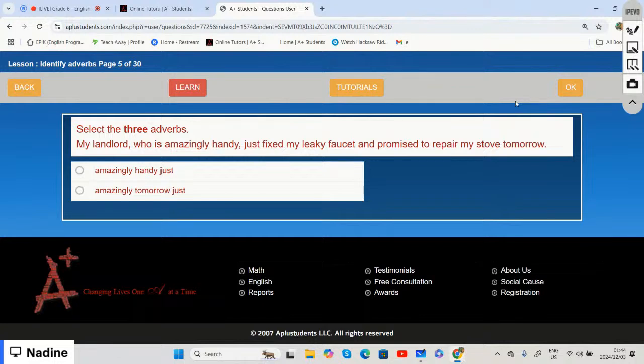It says, my landlord, who is amazingly handy, just fixed my leaky faucet and promised to repair my stove tomorrow.